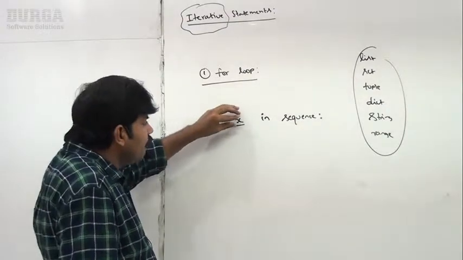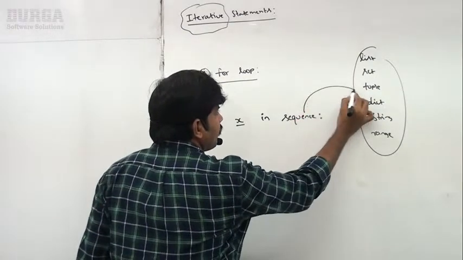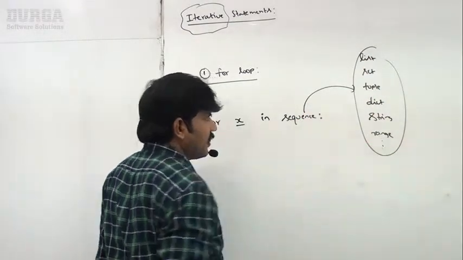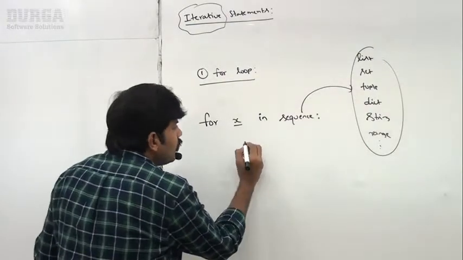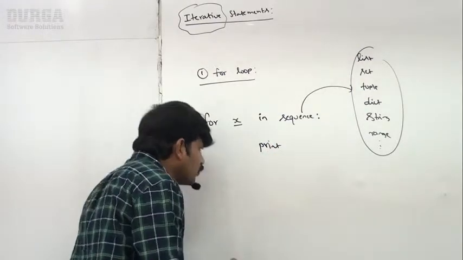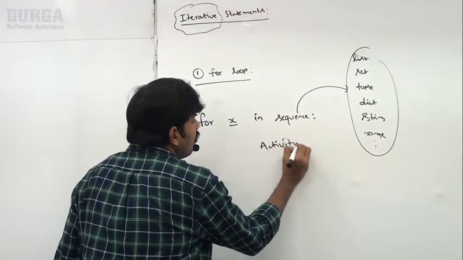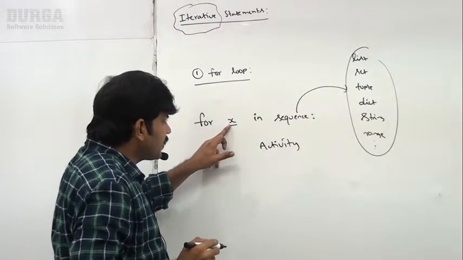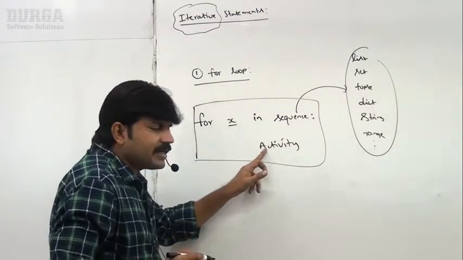For every element x in this sequence, the sequence may be a list or set or tuple or dict or string or range. Can you please perform certain activity? For every element x present in this sequence, please do certain activity.